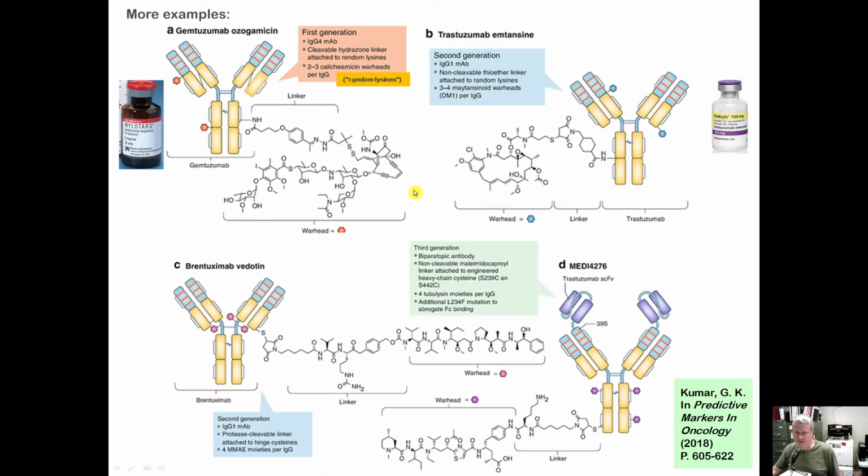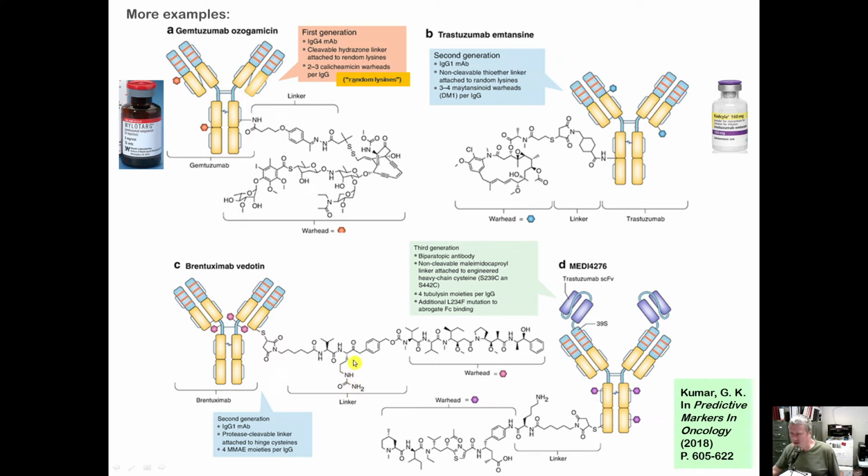Okay, and then we have two more at the bottom here. The first one is over here on the left. This is what they're also calling a second generation antibody drug conjugate. This one has a protease cleavable linker, so this is probably cathepsin again. It's a couple carbons and a nitrogen. I don't think that's based on lysine, because I think lysine has 4 carbons.